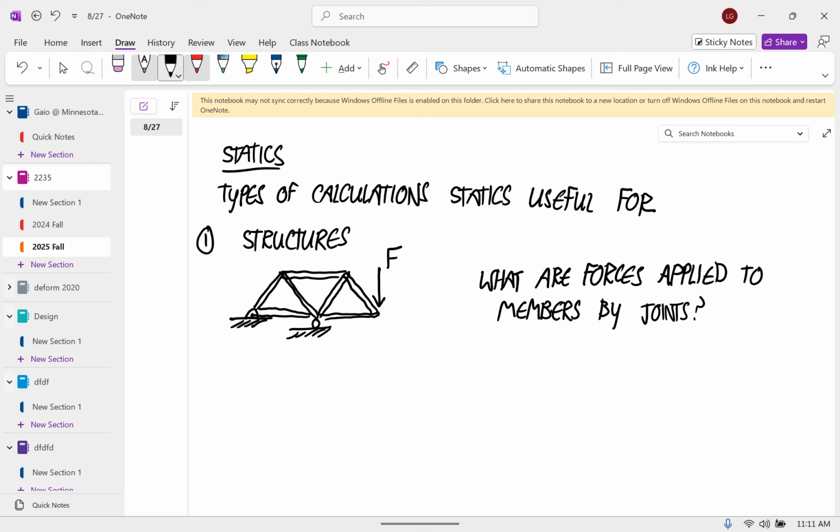These are important questions for knowing what kind of materials you need to build stuff out of, how thick you need the walls of your machines and stuff to be. And so that's the most straightforward application.